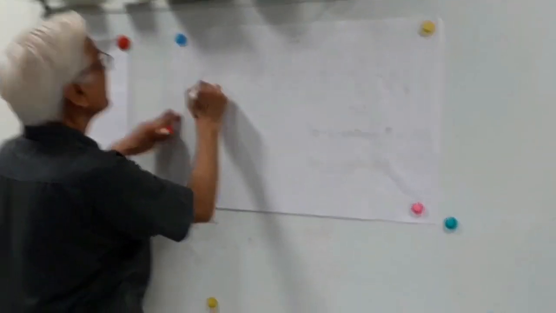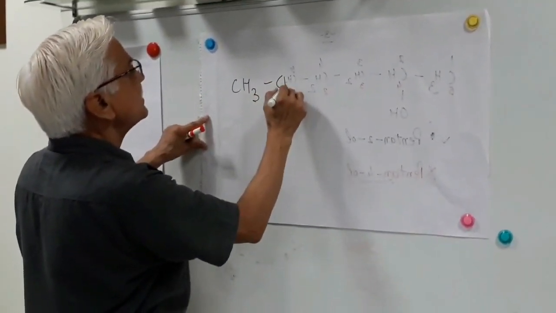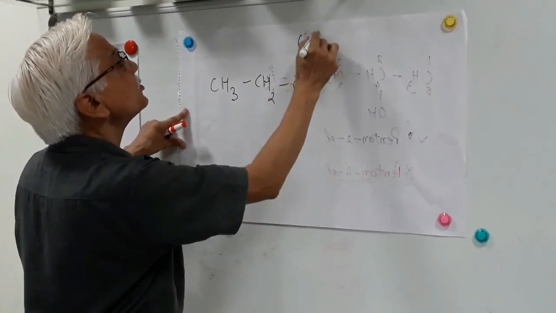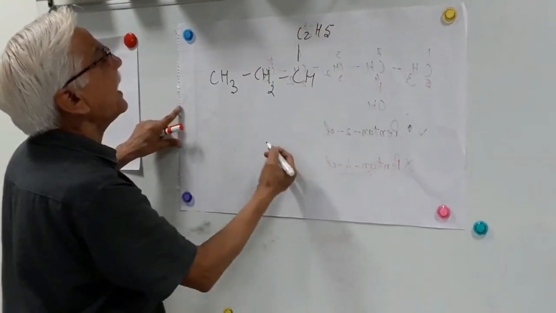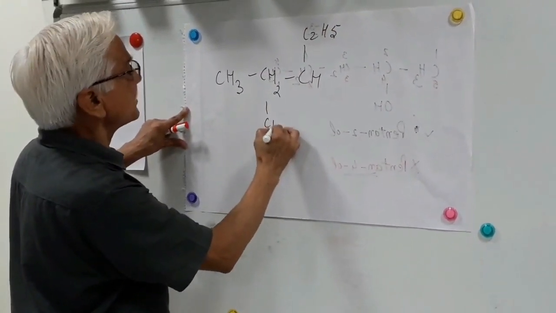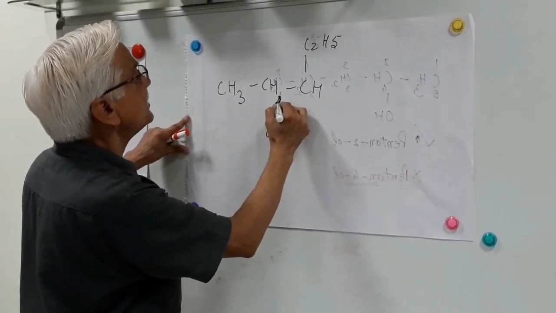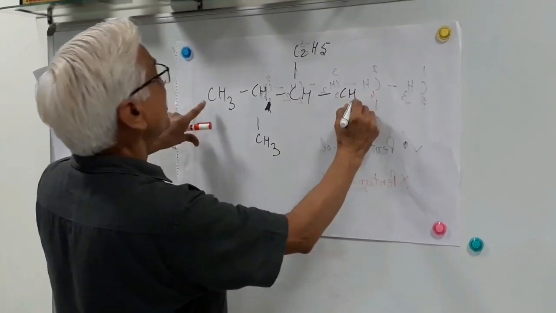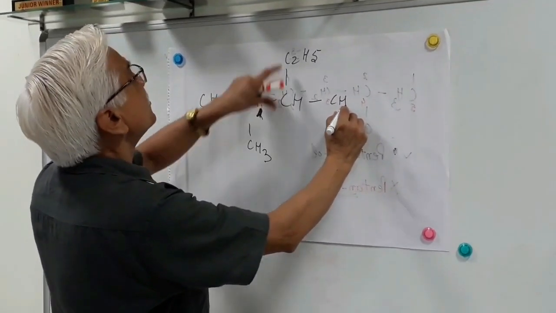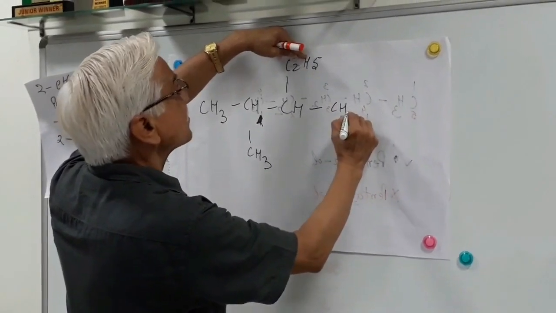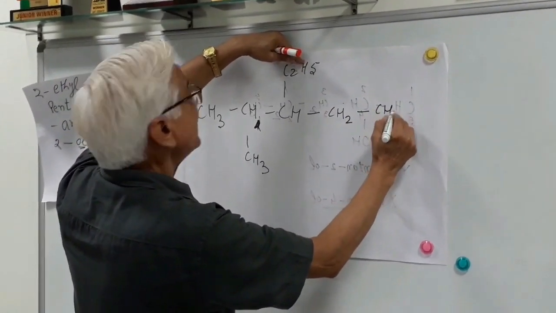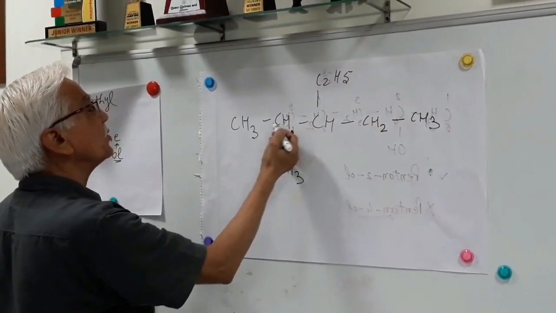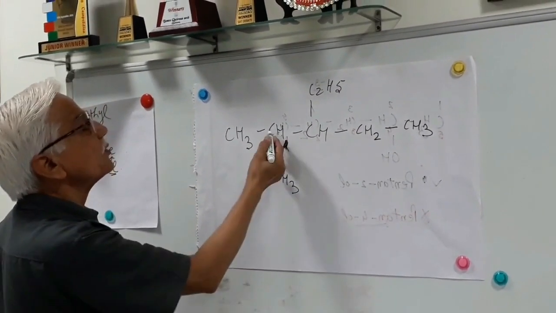Say for example, CH3, CH2, CH, here it is C2H5, and say here it is CH3. Then it is 1, 2, 3, 4, 5, CH2 and CH3.